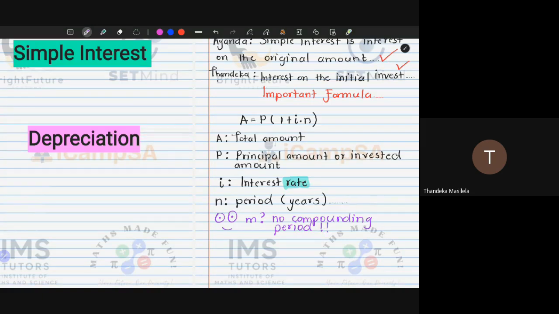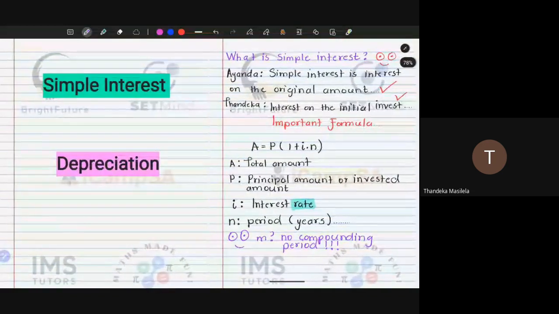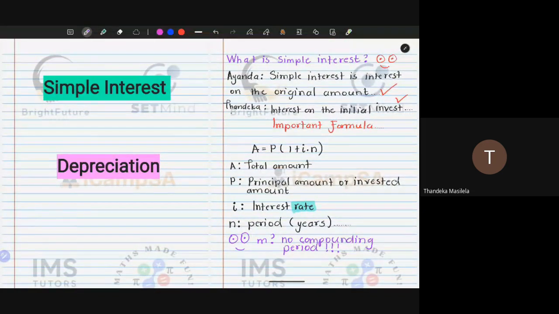For simple interest, there's no compounding period, which means we become happy people. There's no compounding period because the interest is simple. So whenever we see simple interest problems, we should be cruising nicely.